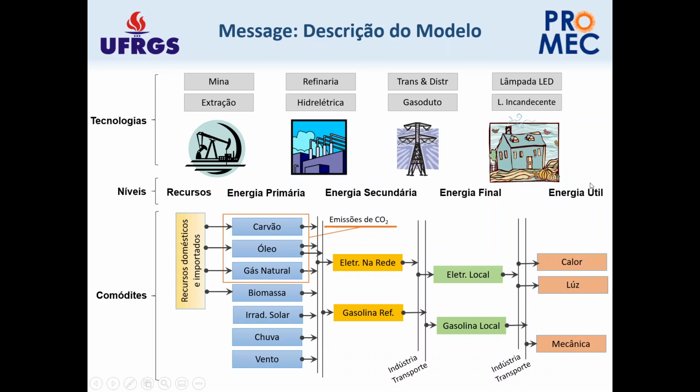So the energy services are light, heat, mechanical power, mechanical force, which is, for example, for transportation. So this final energy depends on how efficient your technology is, how much energy you lost with transmission, and you have to pay for all these technologies in order to have energy services.